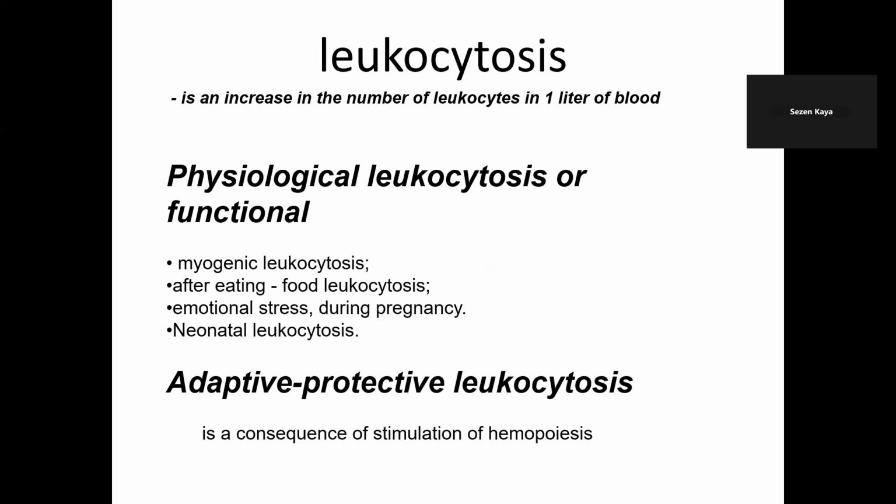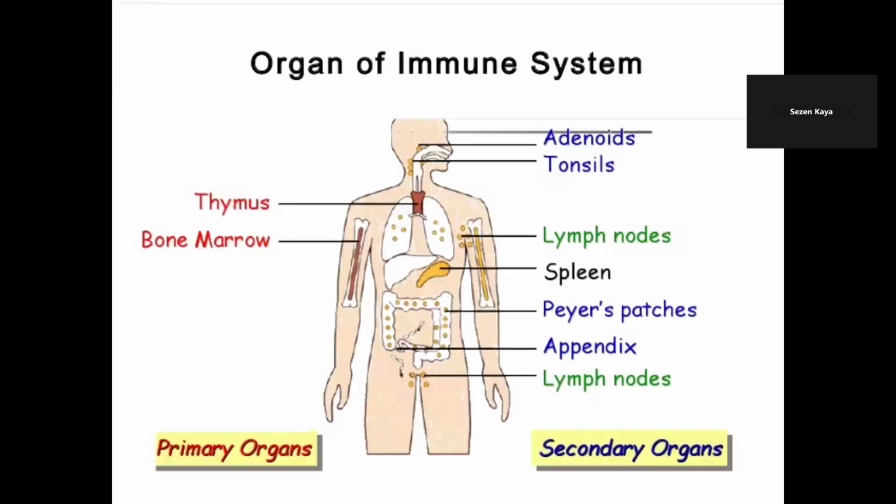Adaptive protective leukocytosis is a reaction of our body to the presence of some antigens, foreign bodies in our body. Now, the organs of the immune system. Here we are talking about primary immune organs. First of all, of course, it is the red bone marrow, where we have hematopoiesis, and also the thymus is important, where we have specialization of T lymphocytes.